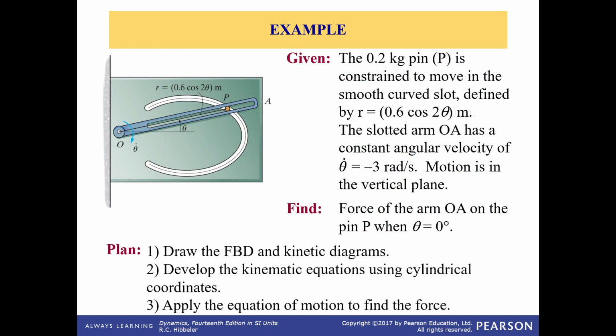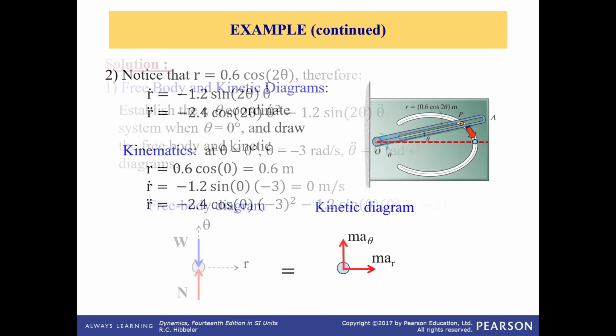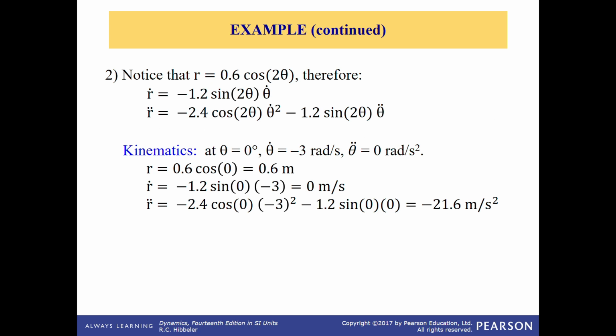So just take a look at this equation. You just need to derive with respect to time. So we have r equal to 0.6 cos 2 theta.